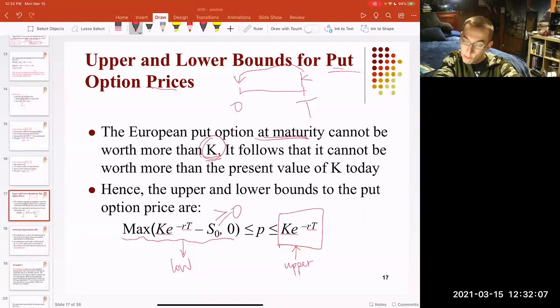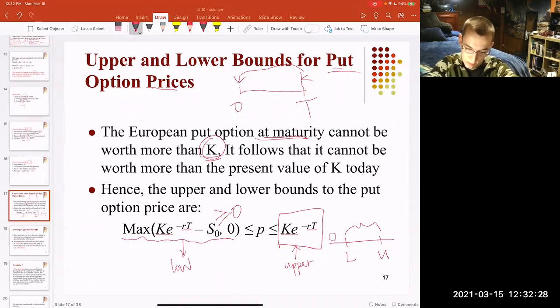Again, similar to the call, we have an arbitrage opportunity question. So here is the lower bound and the upper bound. If the market put price is within this range, there is no arbitrage opportunity.